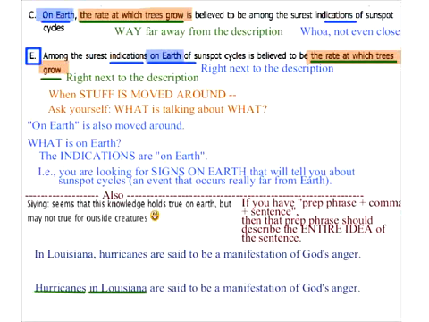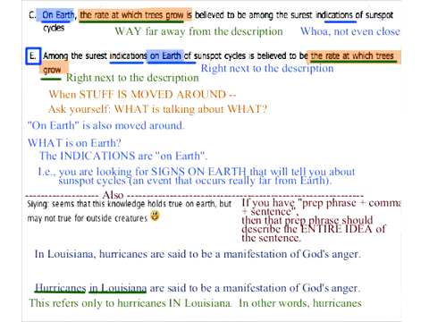So this refers only to hurricanes in Louisiana. In other words, hurricanes specifically in Louisiana are the result of God's anger. But hurricanes in other states may not be. Kind of weird, but I'm making up the sentence on the spot here, so it's the best we can do.